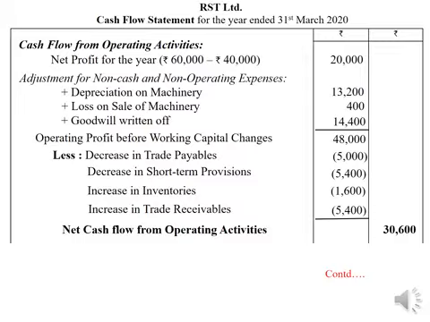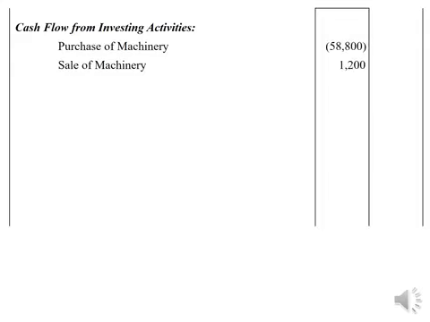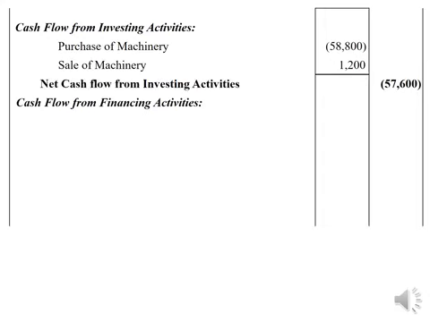Continuing the solution, cash flow from investing activities: purchase of machinery worth rupees 58,800, record it as outflow. Sale of machinery rupees 1,200. Totaling up these two items, we get 57,600 as net cash flow from investing activities. Next is financing activities. Issue of shares worth rupees 20,000.